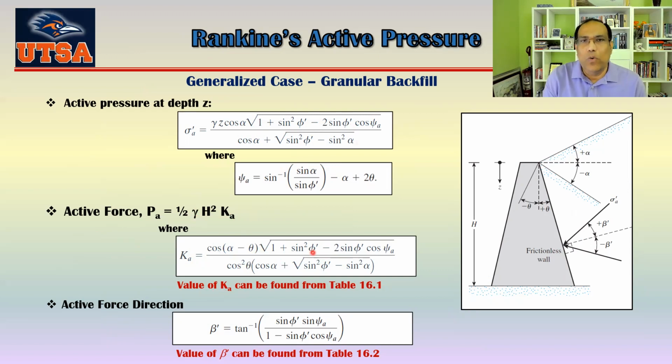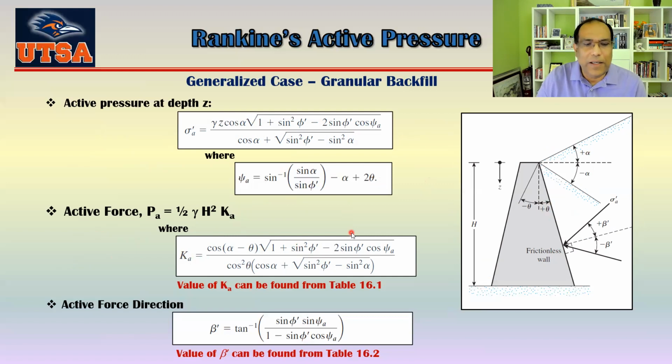I gave you the spreadsheet to find your Ka. If you know all these values, like your theta, your alpha and your phi, then just plug those values in and you will get your Ka value.